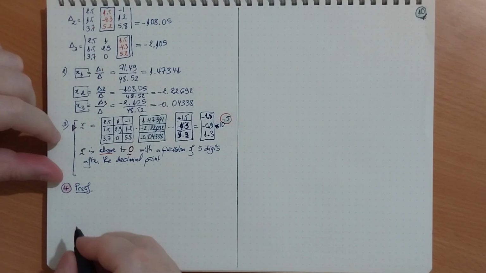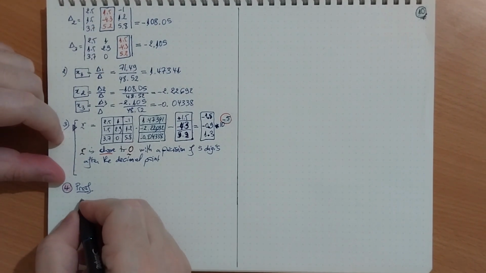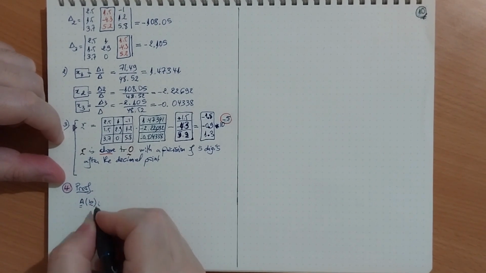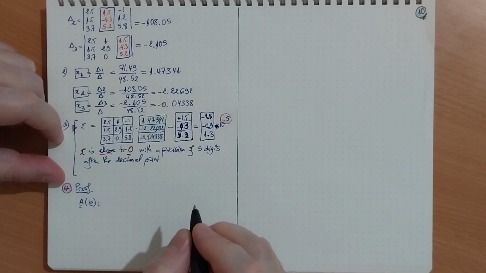Let us start with the definition of A, B, i that we used in Cramer's rule.